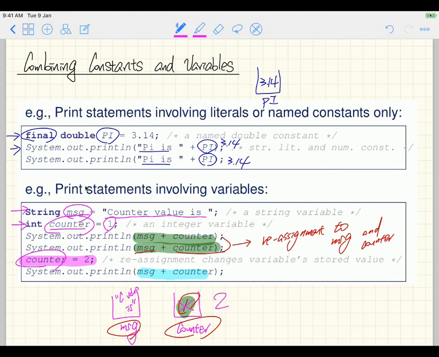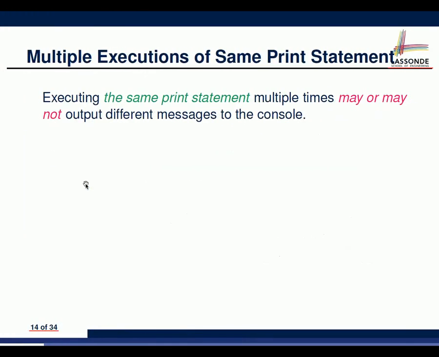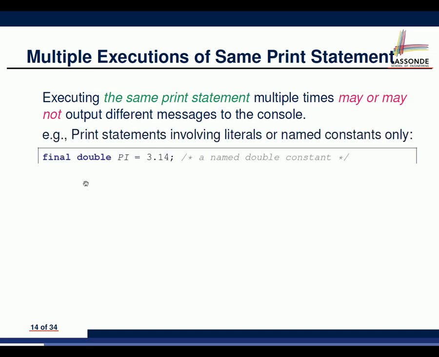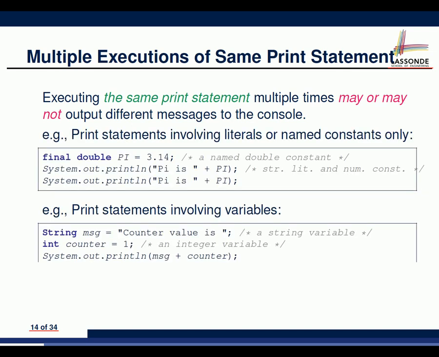So now, when we try to print this out, message will still be the same. Counter value is, what's counter over here? Well, it will be 2 rather than 1. Okay, so when you try to print out the program, that's how the 3 lines you will get. So I want you to get very comfortable with tracing such program for quiz number 1. Okay, next week. All right. Let's now go to, okay, this example we just covered.